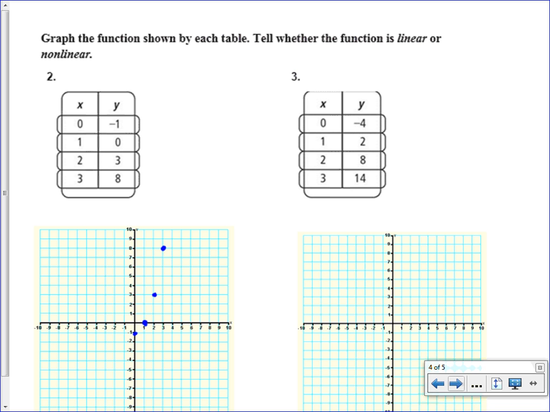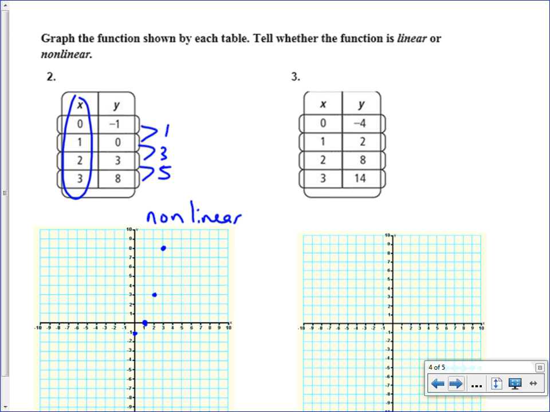However, if you look closely, the x's all increase by 1, but these are not increasing by a steady pace or by a constant. So we would say this is nonlinear.